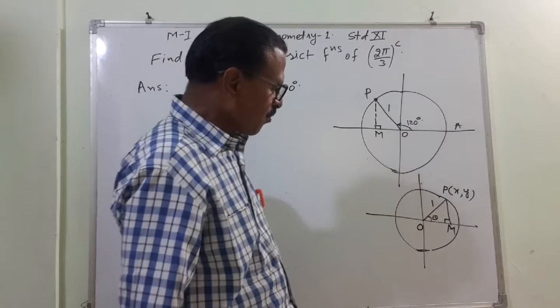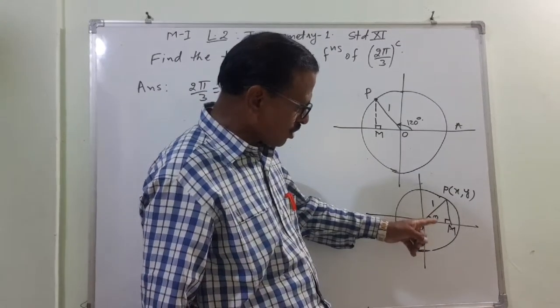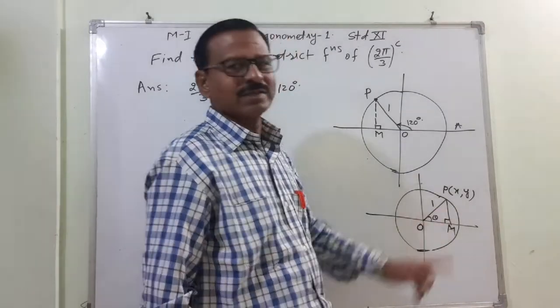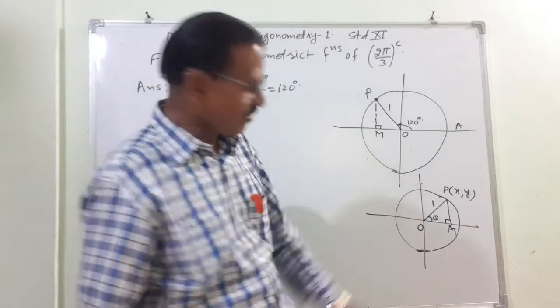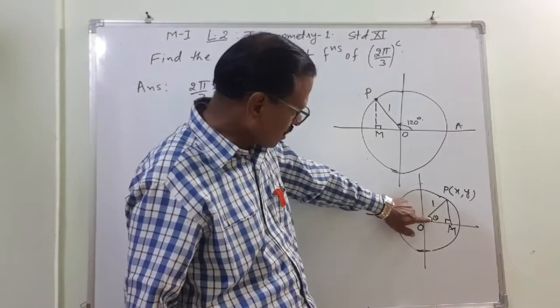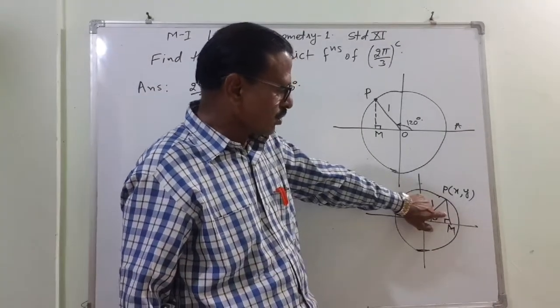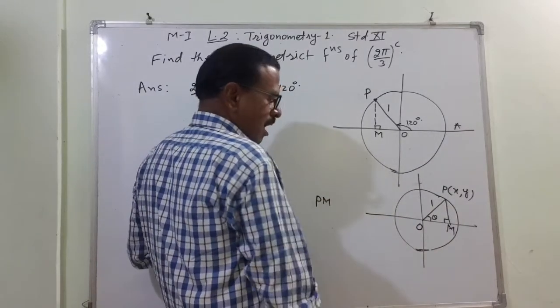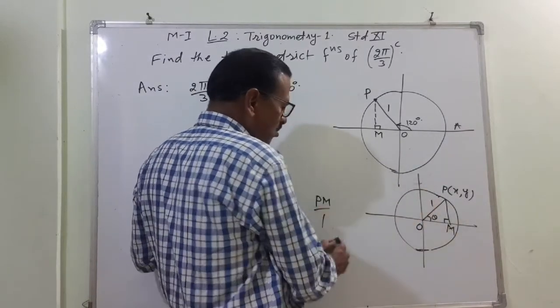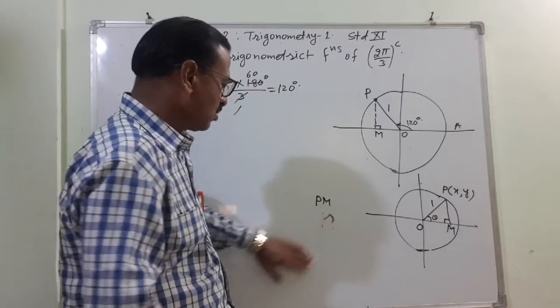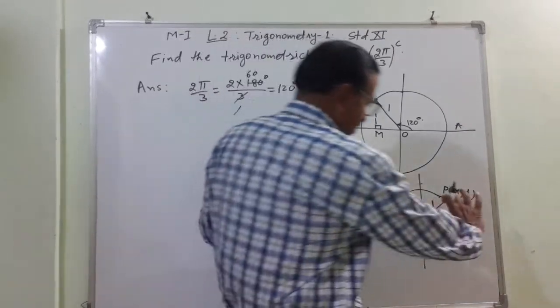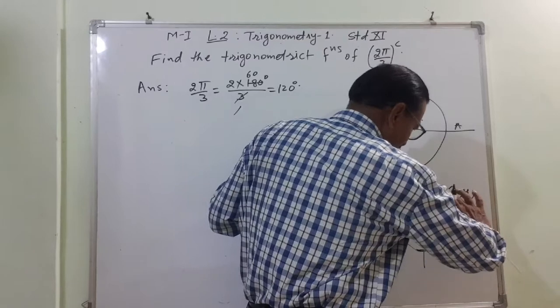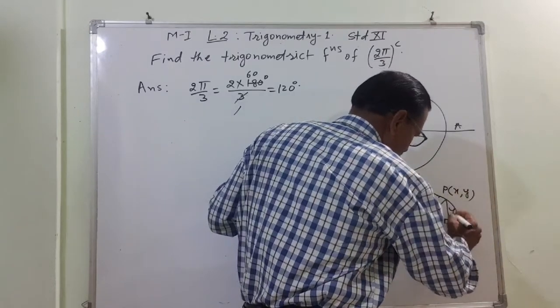Hypotenuse is 1. What is meant by sine? The old students know it. Sine means samne wali. S stands for samne wali. So this, PM, upon this is 1, so no question of upon 1. So sine means samne wali, this one, and this distance is y.